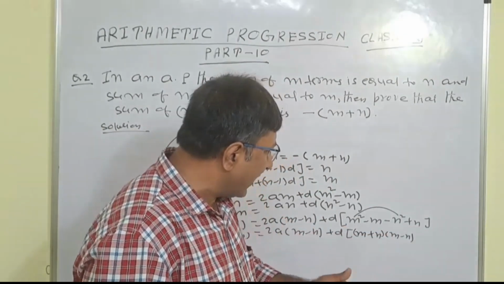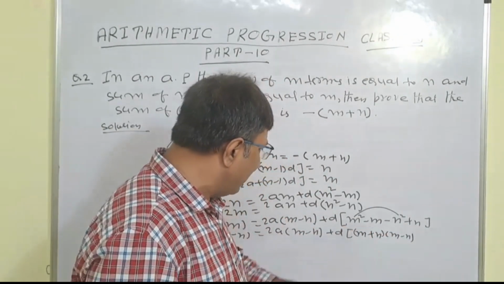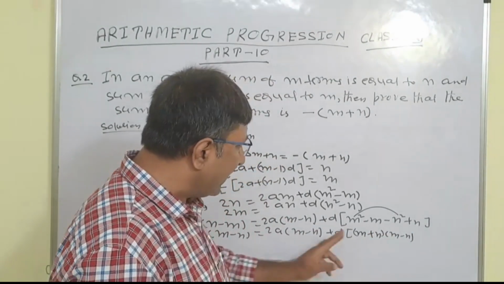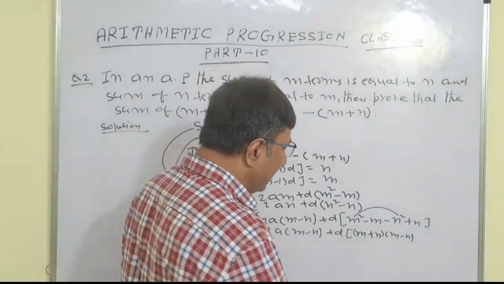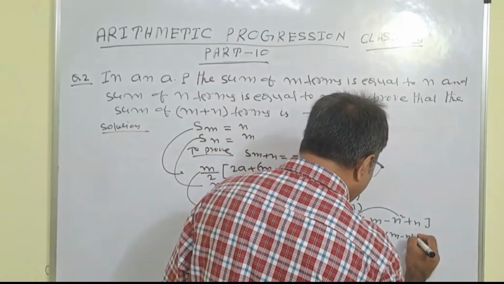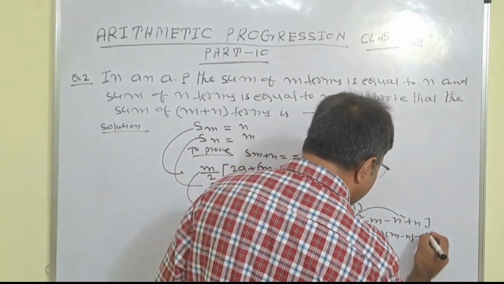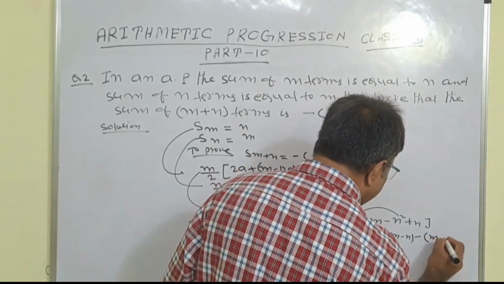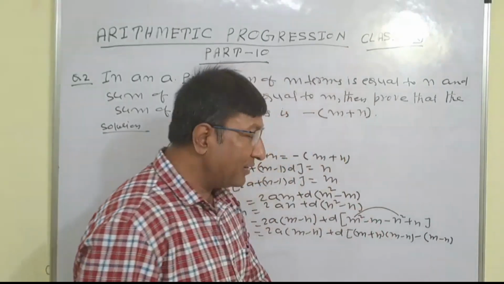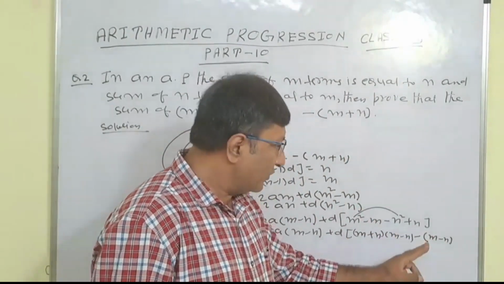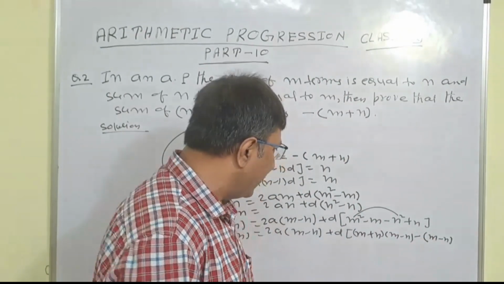So we can write n minus m or m minus n. So we will take minus common, that is minus (m plus n). So if we are taking minus, then this is (m minus n). So if we break this, you will get minus (m plus n), already minus (m plus n). So here minus common, so it is (m minus n). Okay.